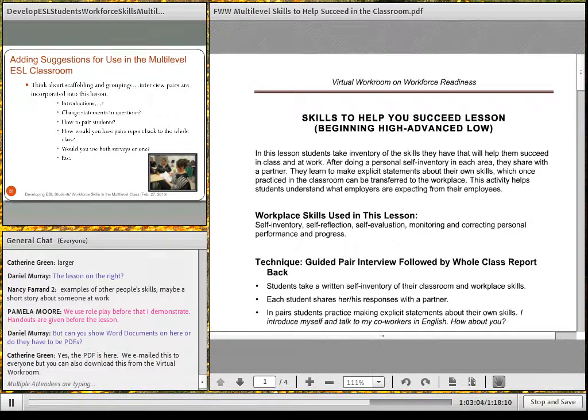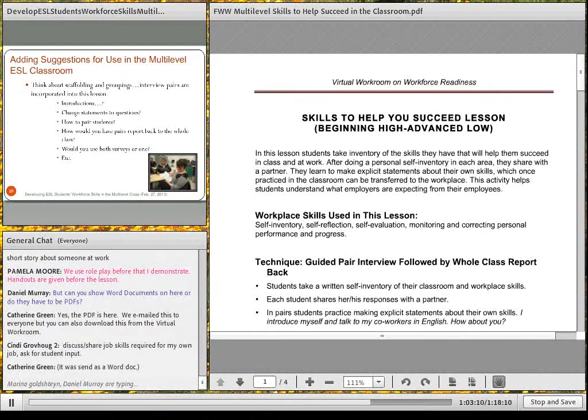So you may have it in your email. Can you show the Word documents on here, or do they have to be PDFs? I'm not sure about that. Daniel, sorry. Discuss and share job skills required for my own job. Ask for student input. Great.